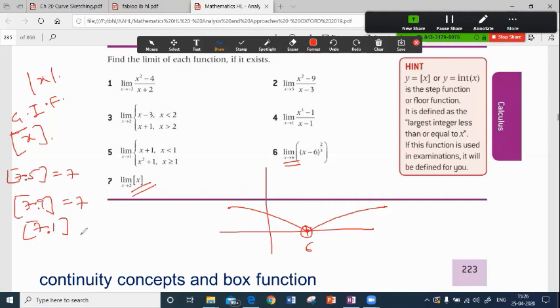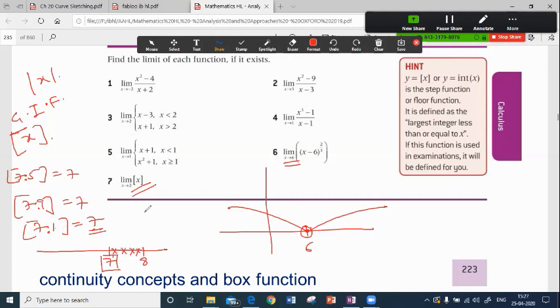Wait, listen. Box of 7.5 is 7, of 7.9 is also 7, of 7.1 is also 7. Right? What this means is that whenever I have 7 on the number line and 8, if you take any number between them, you will get the greatest integer less than the number. So this is the greatest integer which is less than this number. Do you understand this?